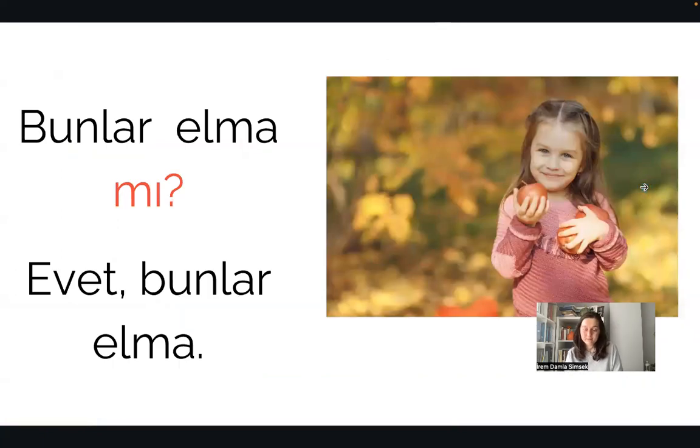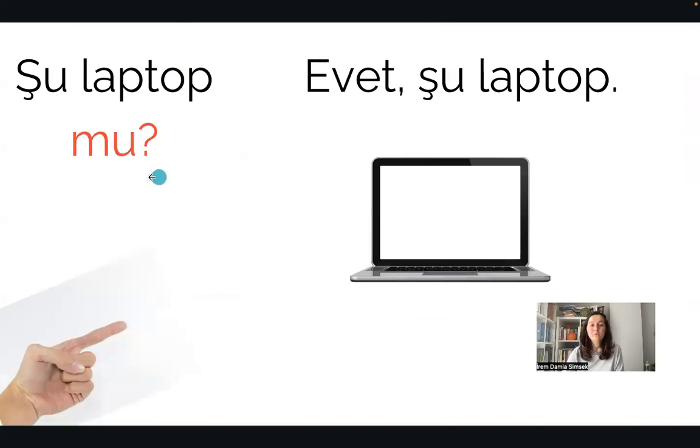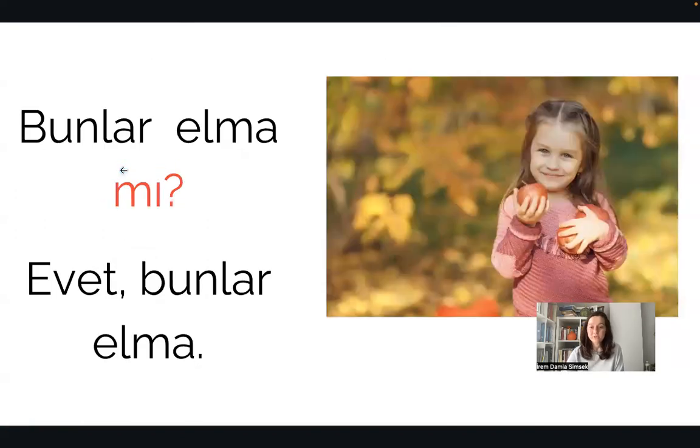Look at this. Bunlar elma mı? Evet, bunlar elma. Are these apples? Yes, they are apples. Bunlar elma mı? But in the previous one, we used mu. Why do we change it?